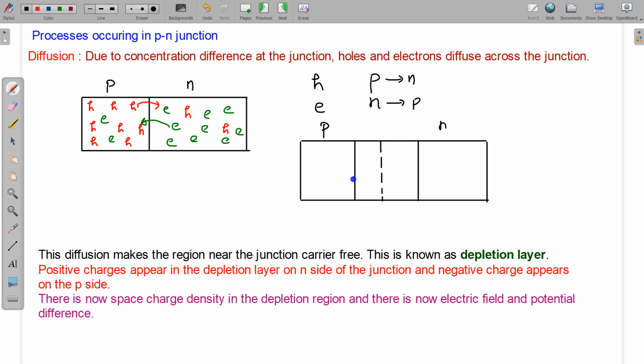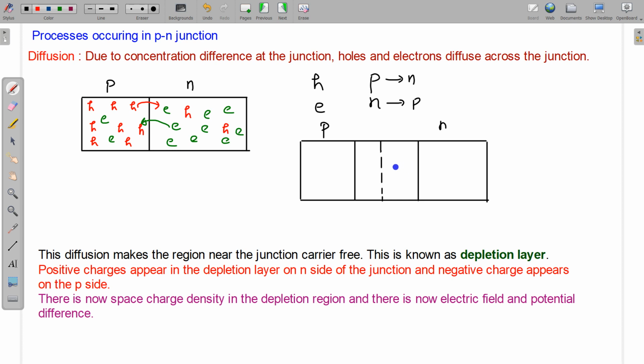So in this particular region near the junction, a layer or a region is developed. In this region there is now almost no electron hole pair. A hole from p just moved to this side, and in moving it recombined with the electrons, so electron hole pairs of this region are destroyed.